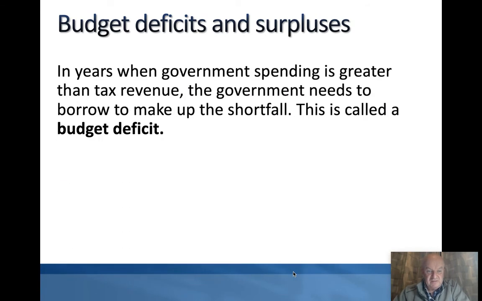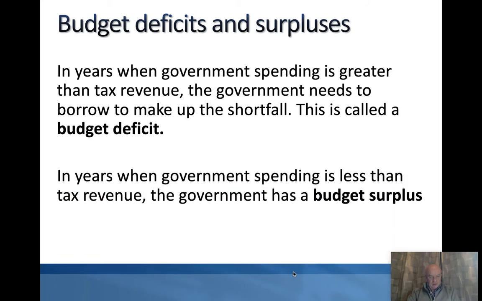In this situation, if we've got years where government spending is greater than tax revenue, then the government will need to borrow to make up a shortfall, and that is known as a budget deficit, i.e. we haven't gathered enough tax in order to pay for all the things that the government wants to spend money on. Now, in years where the government is spending less than tax revenue, then we have a budget surplus.